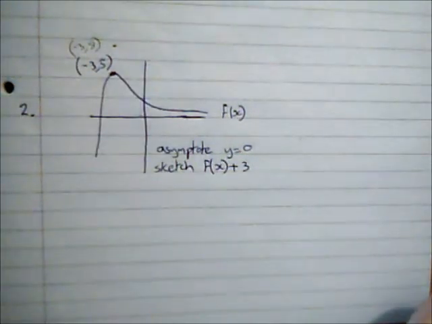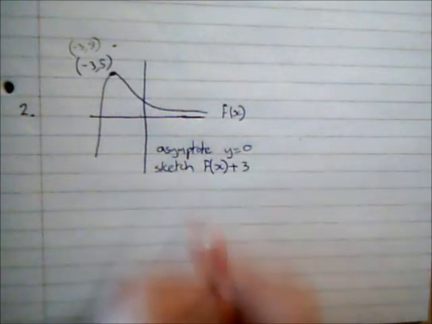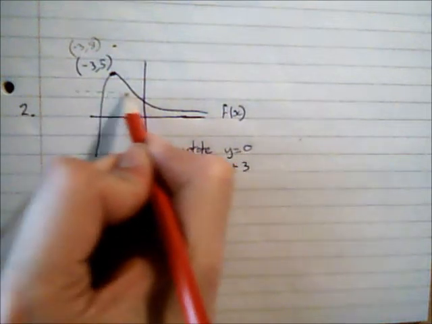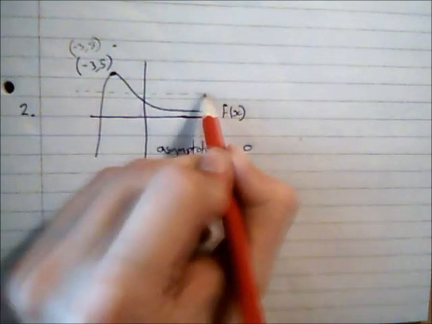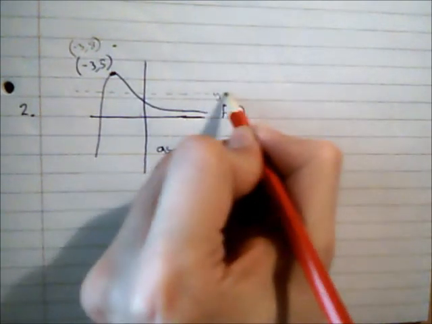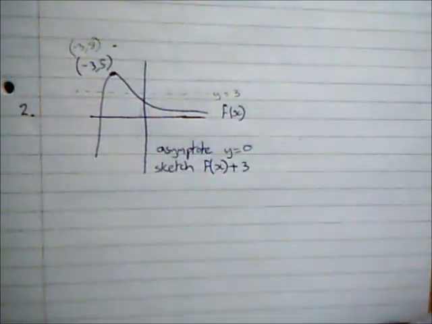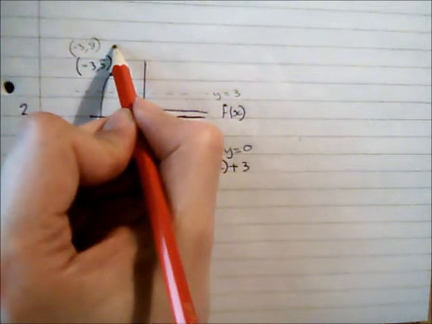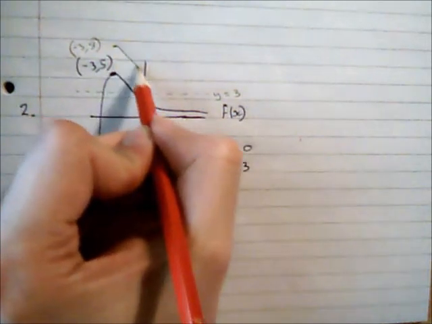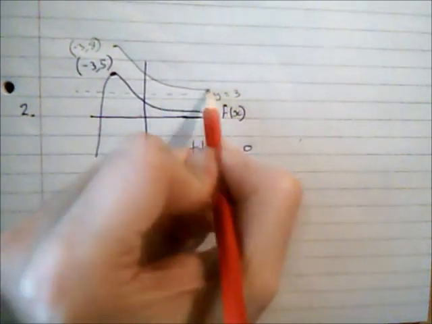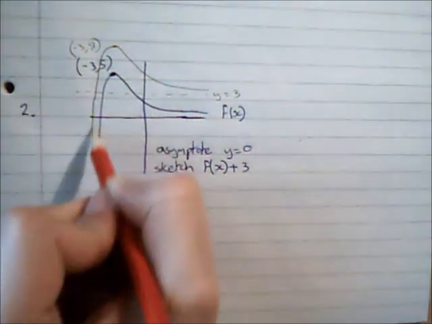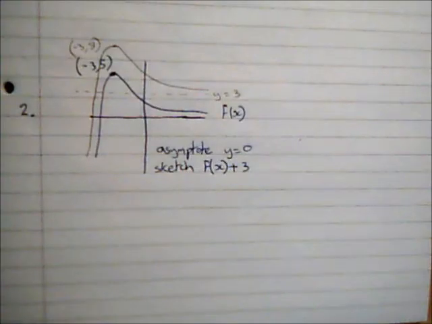And that might appear to be the only feature, but we've got this asymptote. So the asymptote is going to shift up as well. So the asymptote is going to be at y equals 3. If I now try and sketch this, this was the maximum turning point, so it shifts 3 up. And I can sketch the rest of my function.